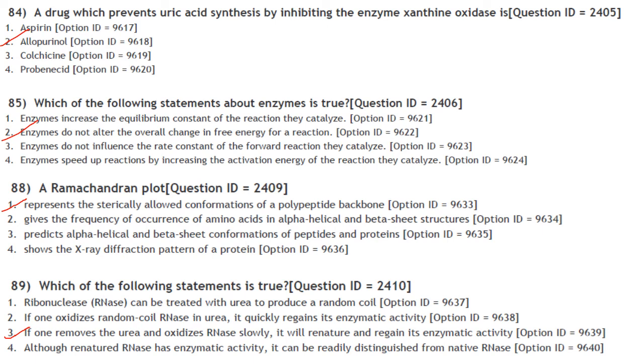Because ribonuclease is completely denatured upon exposure to urea solution, and in the presence of a reducing agent, denatured ribonuclease will spontaneously refold back to its correct tertiary structure with the full restoration of its catalytic activity. And the refolding of ribonuclease is so accurate that it will resemble the native ribonuclease itself. So the answer here is option 3.